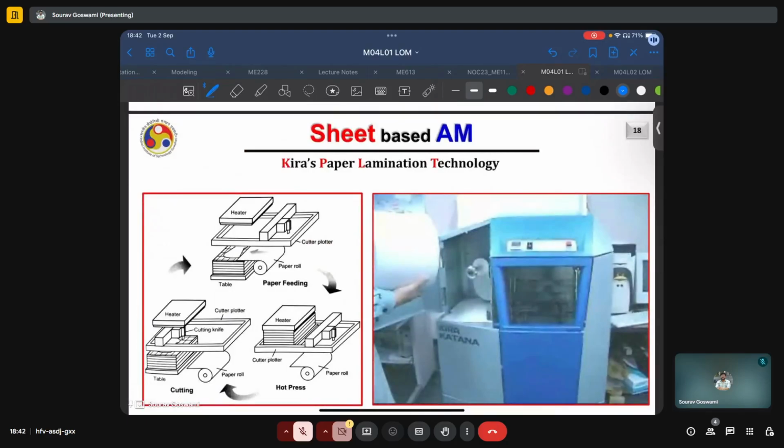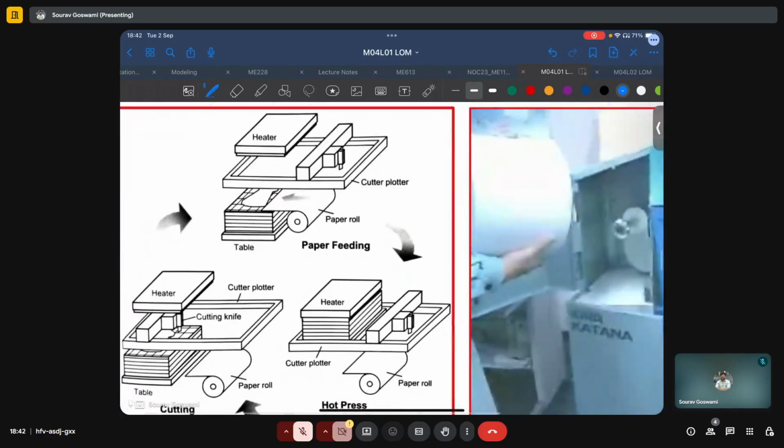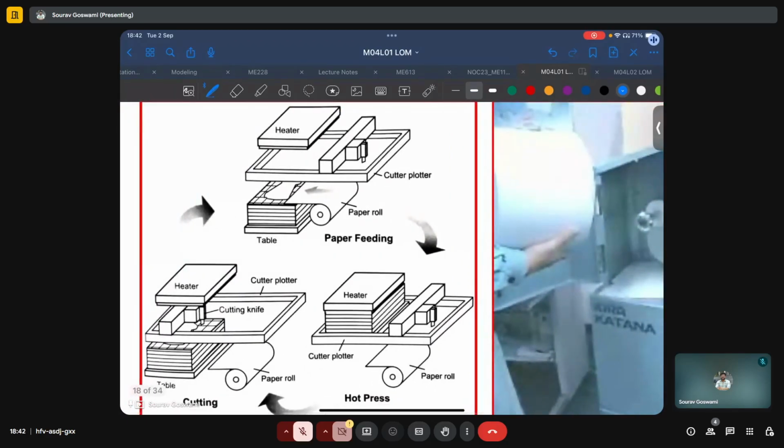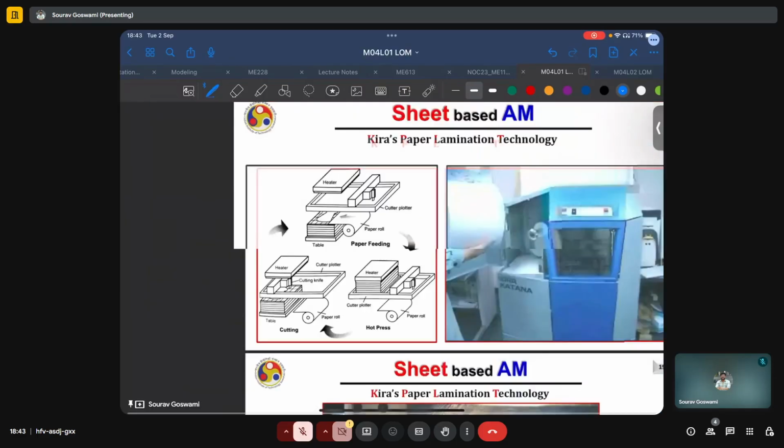Here we also have a very helpful schematic of the process, where we see how we have a paper roll which is feeding the paper feedstock. Then the cutter plotter will cut the required region of paper, and the heating plate will bond it onto the pre-built layers, and onto this new sheet of paper the cutter now will plot the required regions.